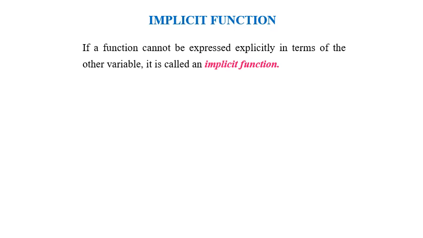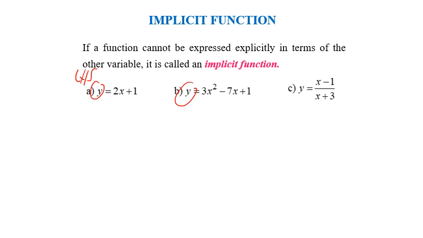Right, before we go further into how to differentiate using implicit, let's take a look at the difference between implicit and explicit. This one is explicit. In explicit, the left hand side has only a single term, only y.